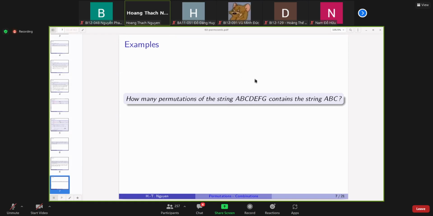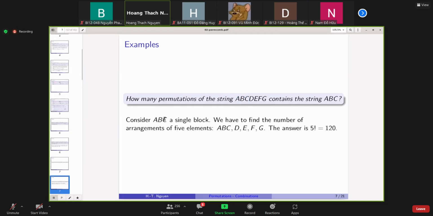Okay, so very well. So the trick here is that you consider ABC to be one block. So if you want A, B, and C to stay together, then we consider it a single block.